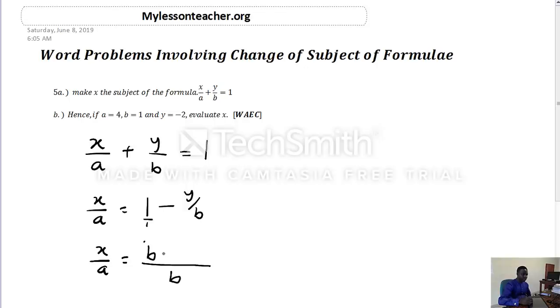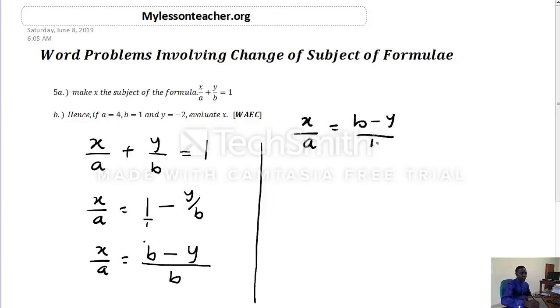So this is going to be b minus b into b is 1. 1 times minus y is minus y. So I'm going to have b minus y divided by b. So that this becomes x over a is equal to b minus y over b.